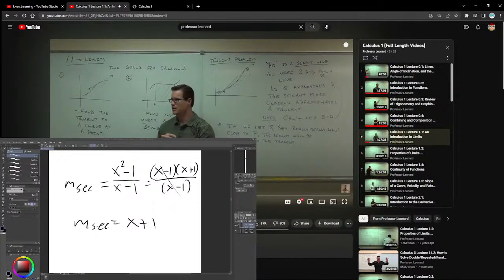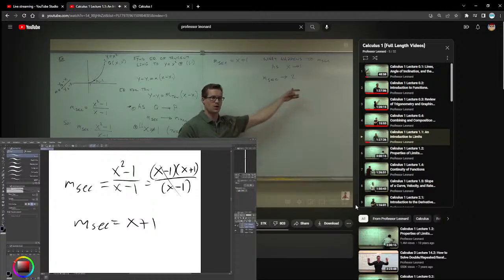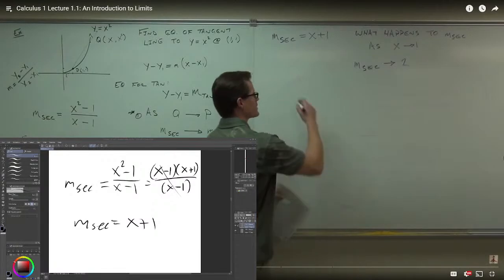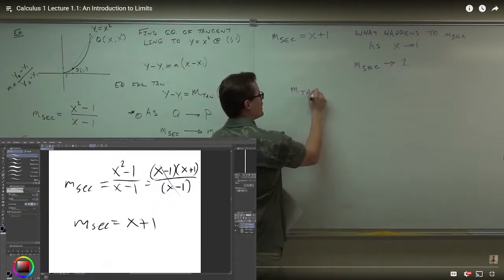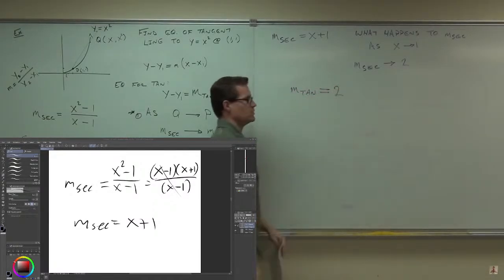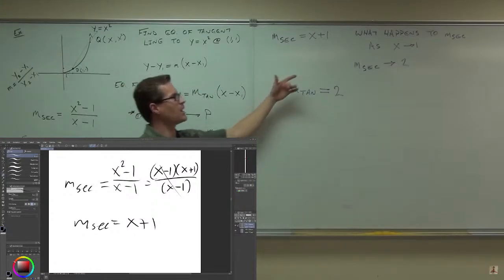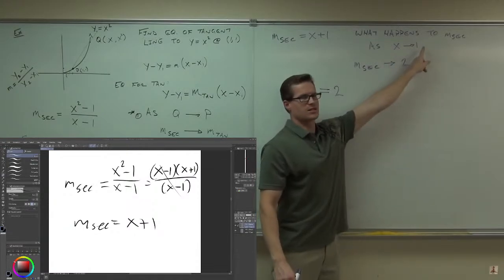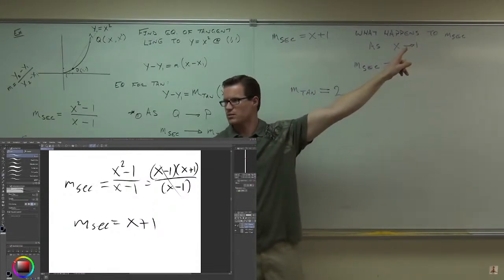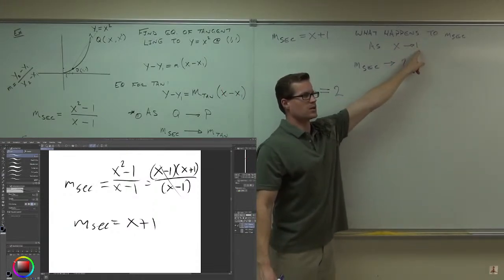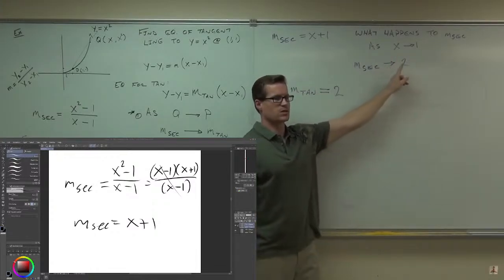It never touches P. That's the idea of a limit. It gets really, really close. So the slope of the secant line is 2. What that means for us is that the slope of the tangent line actually is 2. That's the jump. If x gets really, really close to 1, the secant line gets really, really close to 2.